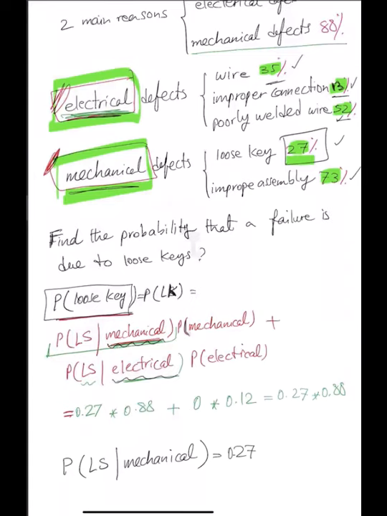That also gives you a hint that if someone asks what is the probability of a loose key, you can't just answer with the number. You have to condition on if it's mechanical or if it's electrical, because that's how you have the information. If you don't know if it's mechanical or electrical, no problem. Condition on both.